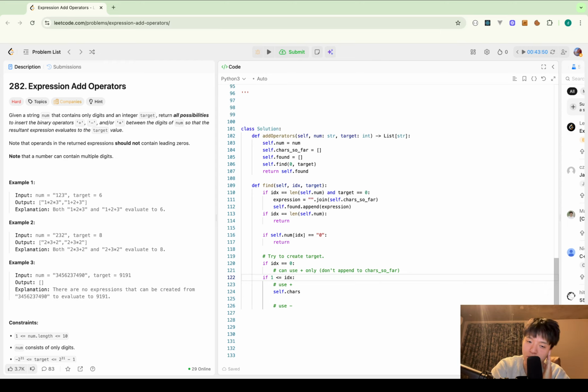So wait a minute. What should I do? I focus on this part. If I use plus, I have more choices. How many chars do I take as a single number? That's what I have to take care of first here. So end index can be from here to the end of self.num.